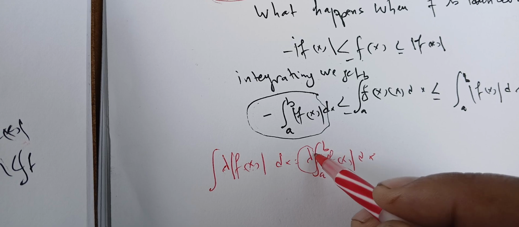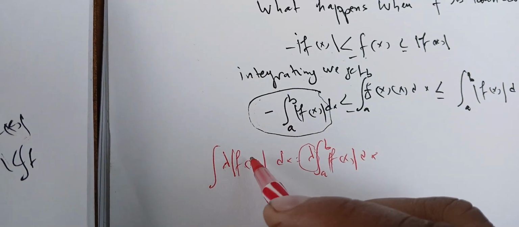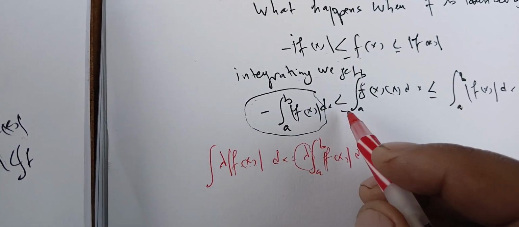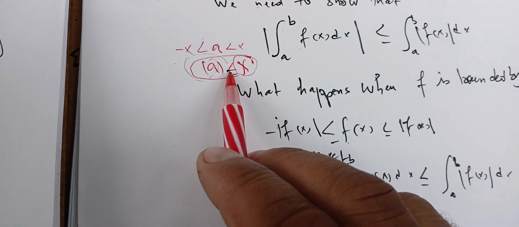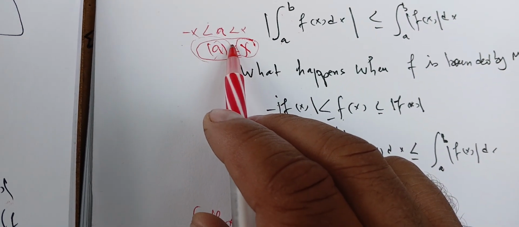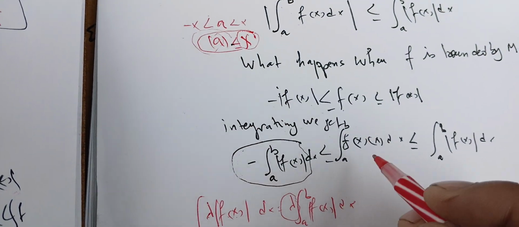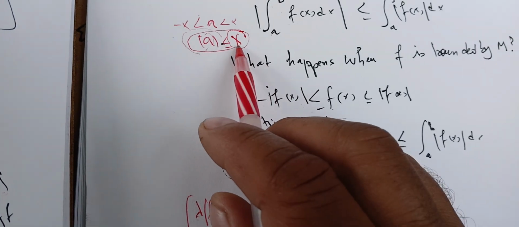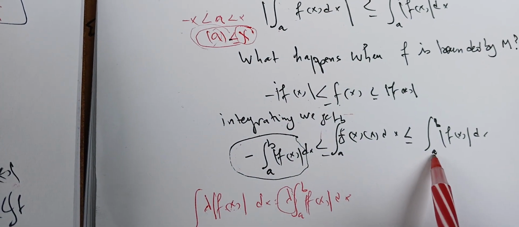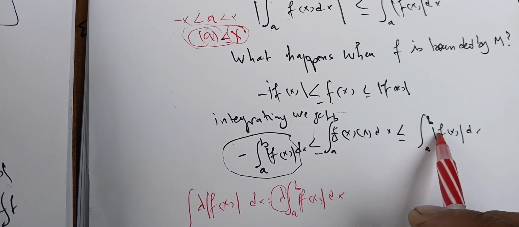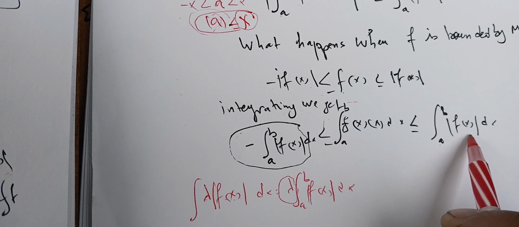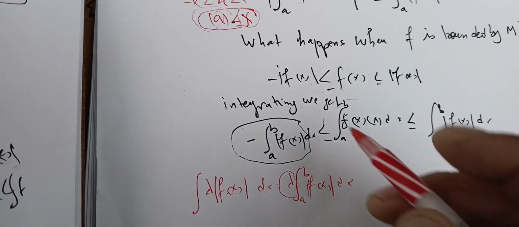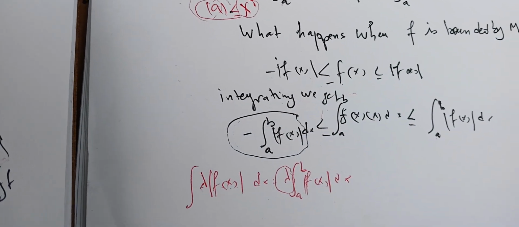So think of lambda as being minus 1 exactly. So here we're going to use this formula from algebra. Now our a is this one, and x is the integral between a and b of the absolute value of f of x dx. So this is equivalent to the same thing here.